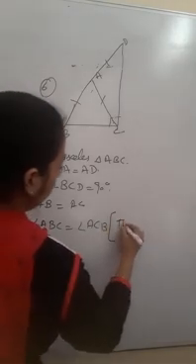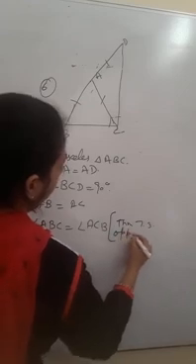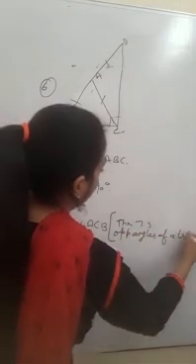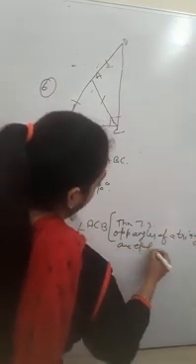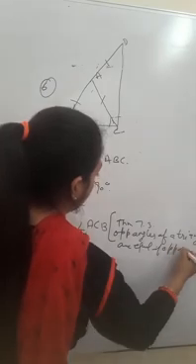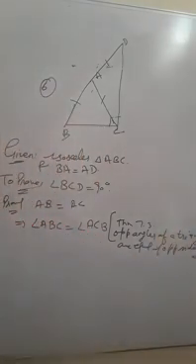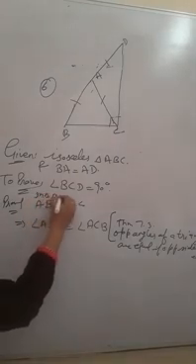Here you can mention by theorem 7.3, opposite angles of a triangle are equal if opposite sides are equal. Okay. Now this is in triangle ABC.